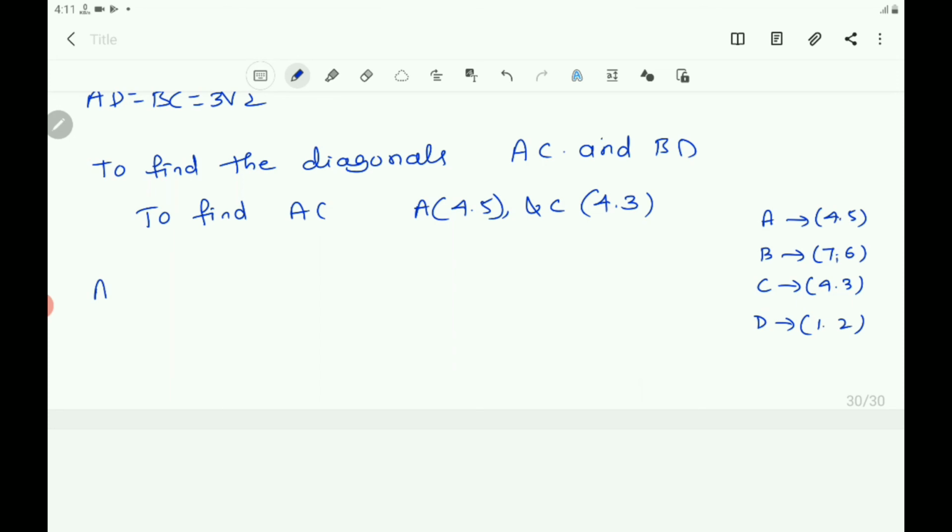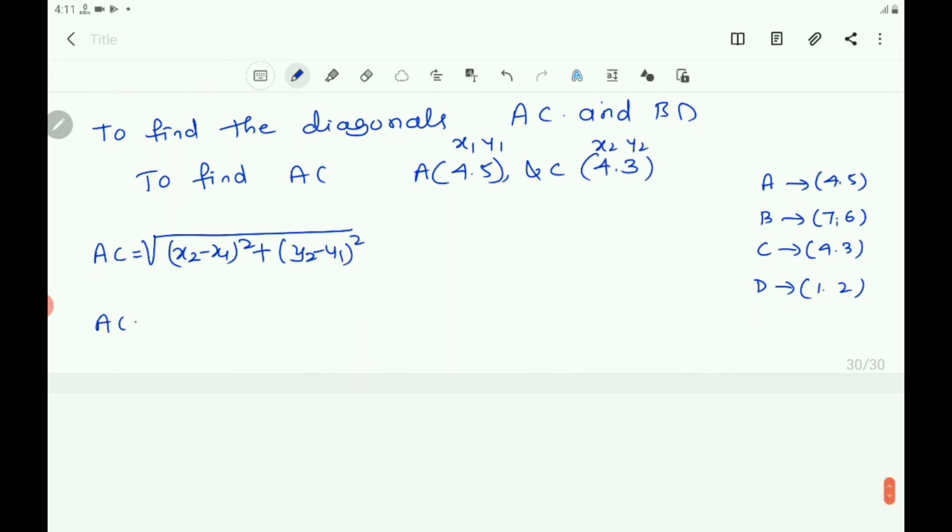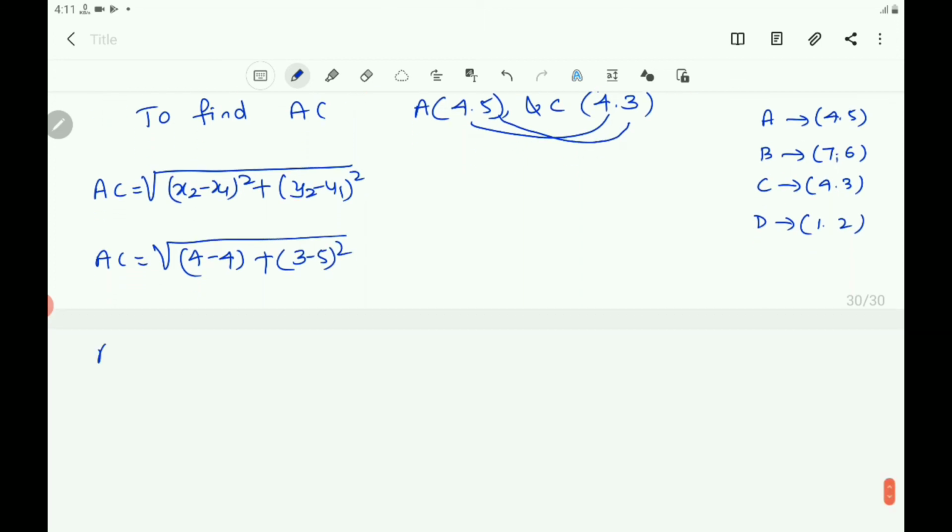AC equals square root of (x2 minus x1) whole square plus (y2 minus y1) whole square, which is (4 minus 4) whole square plus (3 minus 5) whole square.